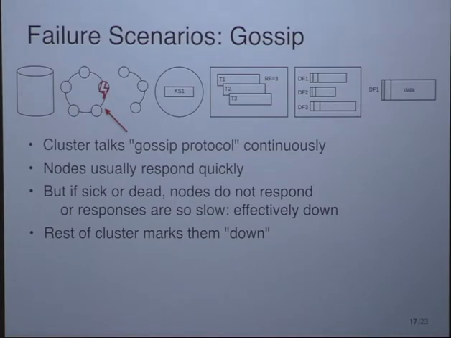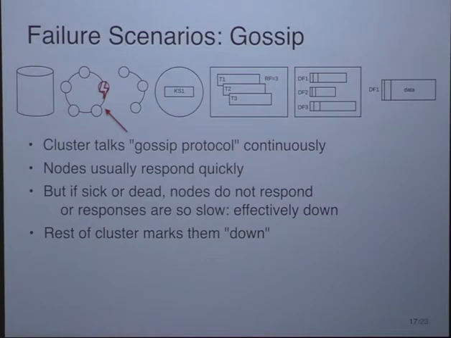Eventually, with a long enough time happening with node B not responding, it gets marked down on all of the nodes. Once all of the nodes know that a certain node is down, then it will no longer even try to talk to it, except for a background process that's going to detect when it comes back up again.